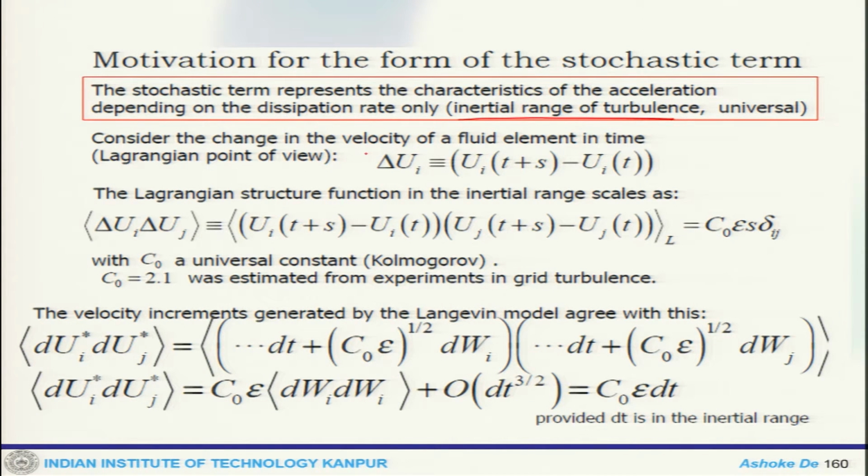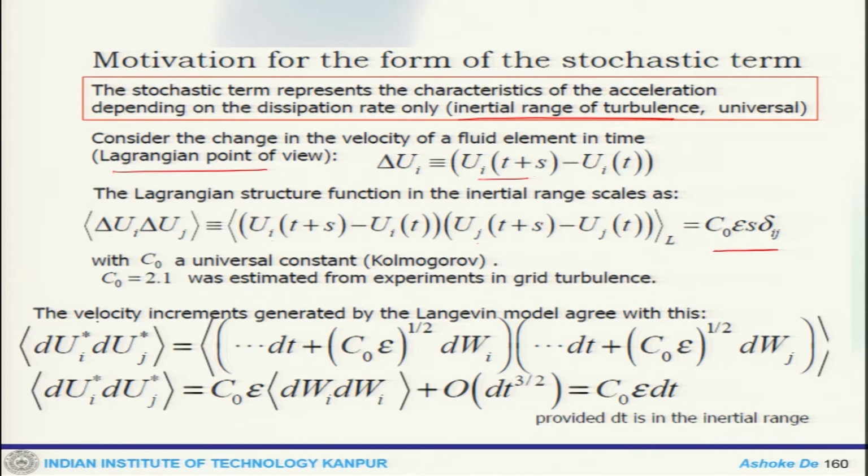Now, considering the change of velocity of the fluid element from the Lagrangian point of view, this would be ui at t plus s minus ui at t. The Lagrangian structure function of the inertial scales, delta ui delta uj, is approximated as C naught epsilon s delta ij. This is a universal constant, which is 2.1.